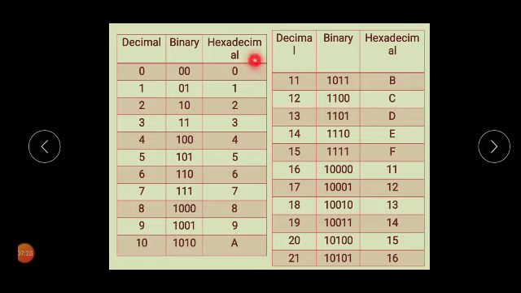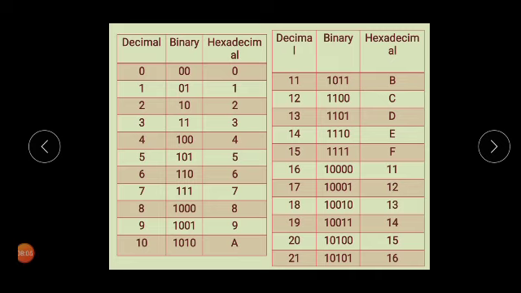In hexadecimal we have first 0 to 9, then we have A to F. After F the other numbers are 10, 11, 12, 13 and so on. So for decimal number 16, the equivalent number in the hexadecimal system is 10. Like that, for 17 it is 11, for 18 it is 12. And for 11 it is B, 12 is denoted with C, 13 is denoted with D in the hexadecimal number system.